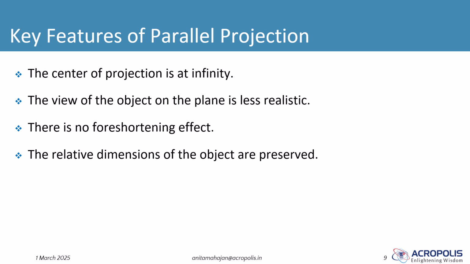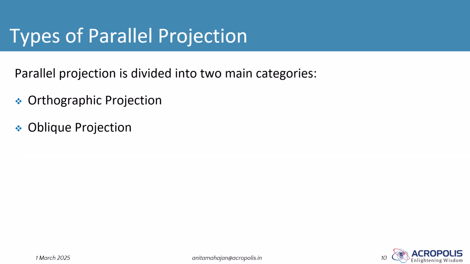So these are the key features of parallel projection that we will have to keep in mind. Now, parallel projection is subdivided into two main categories: orthographic projection and oblique projection.